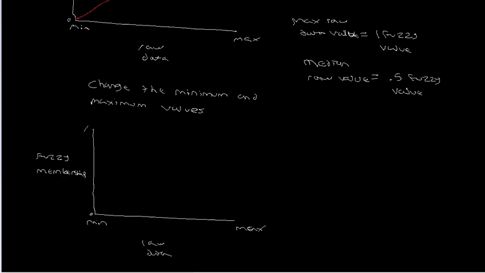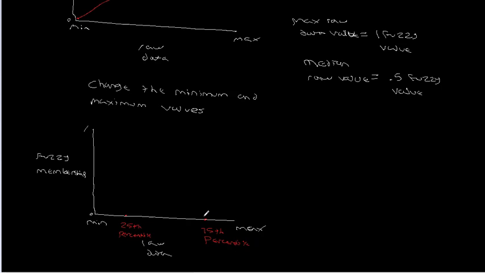So let's say that instead of setting the linear interpolation to go from the true minimum, we go from maybe 25% of the way, so this would be the 25th percentile, to 75% of the way, the 75th percentile. And we make these our new start and stop points.